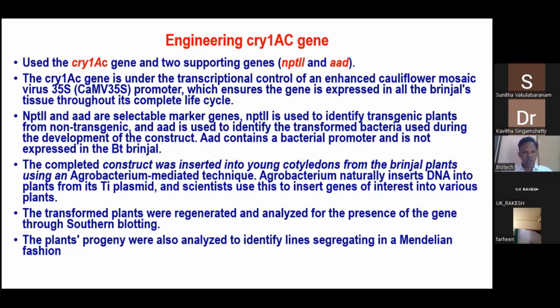Non-BT cotton are very, very few, but most of them are BT cotton, and they have good protection against the larval infection, against the larvae. So this is how they have produced pest-resistant cotton in our country, which is under cultivation. Pest-resistant brinjal is not yet released in our country. So this is the story of BT cotton and BT brinjal.